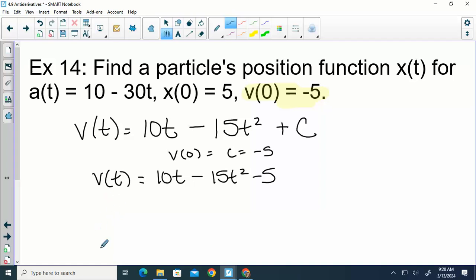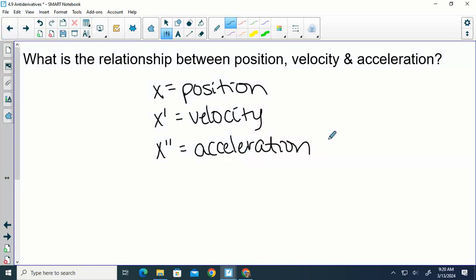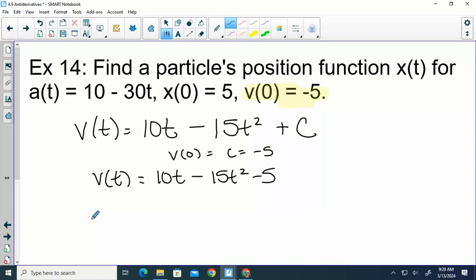Now if I go backwards from velocity, we get the original, the position function, because we're doing the antiderivative. Remember, acceleration is where we started, so when we did the antiderivative, we had velocity. If we do the antiderivative of velocity, we'll get position.